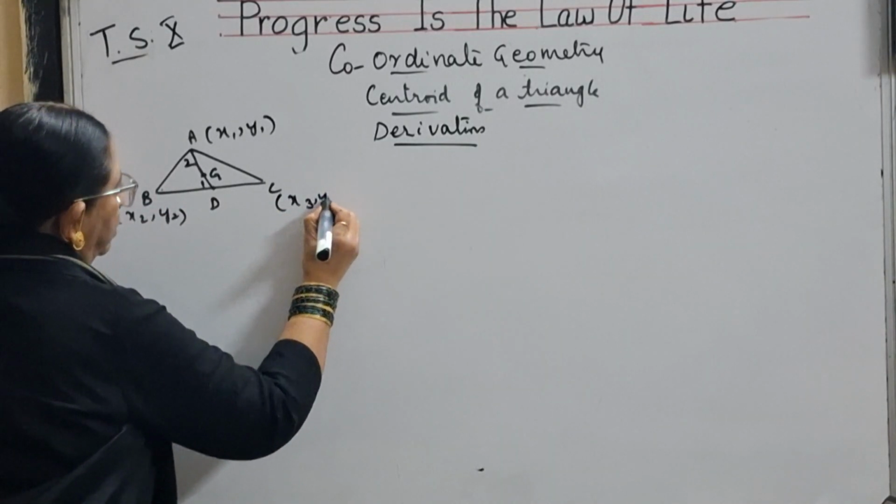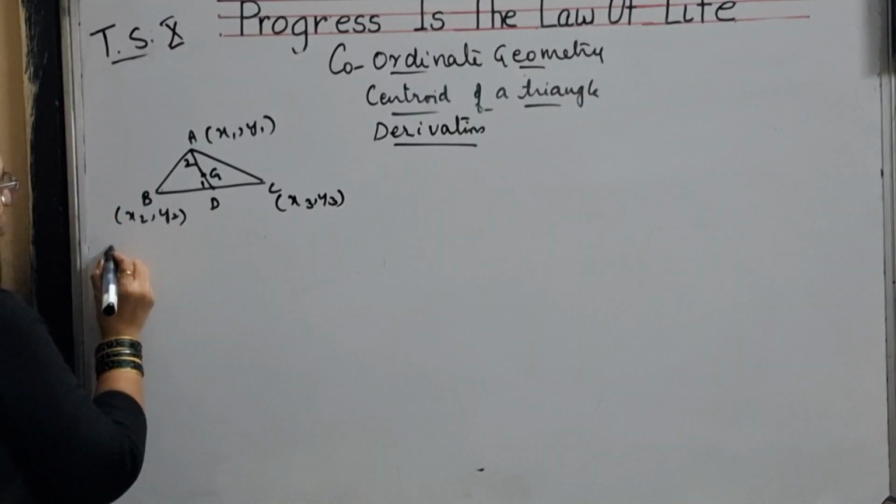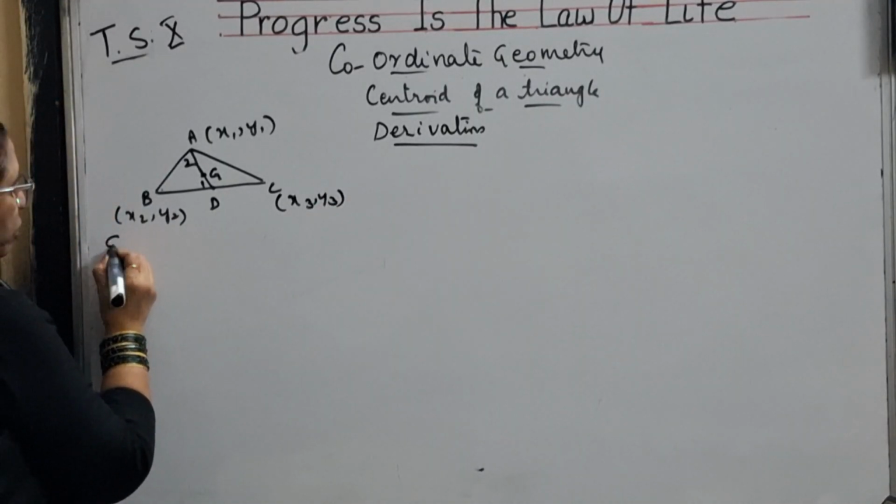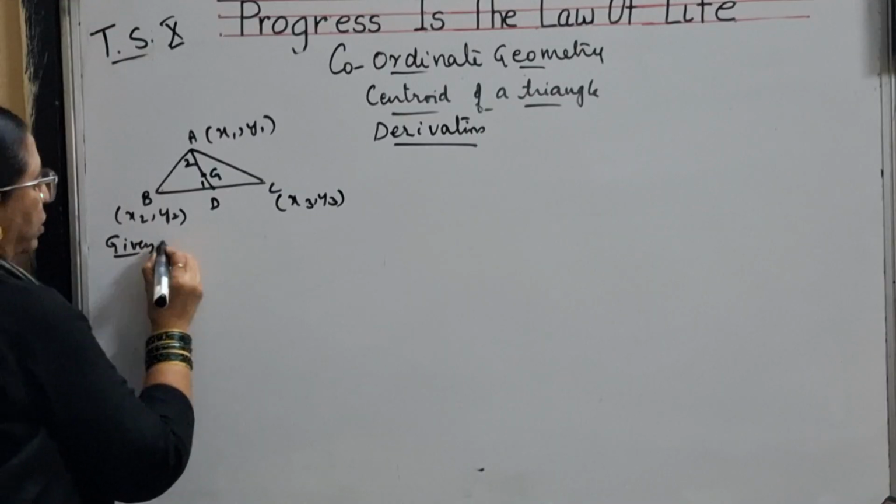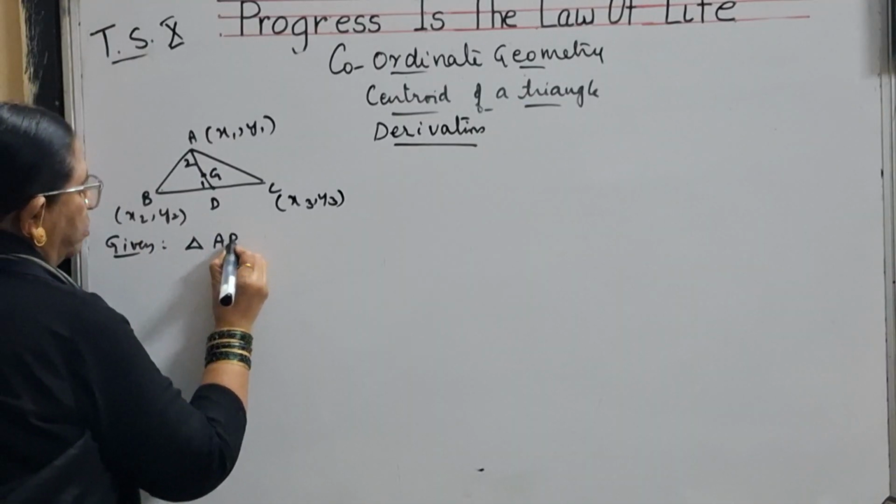So what is given? You have got triangle ABC.